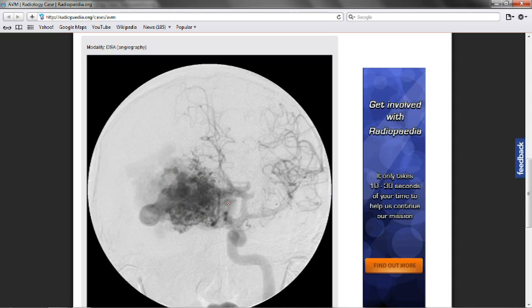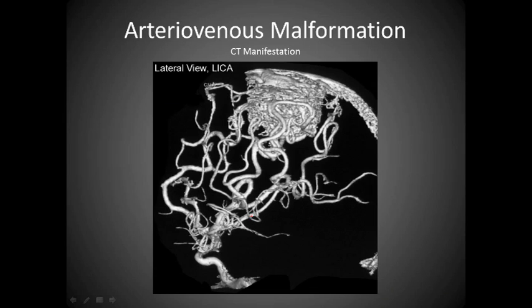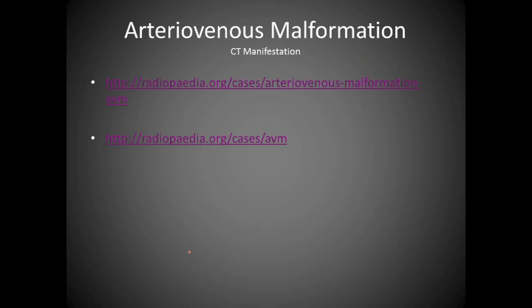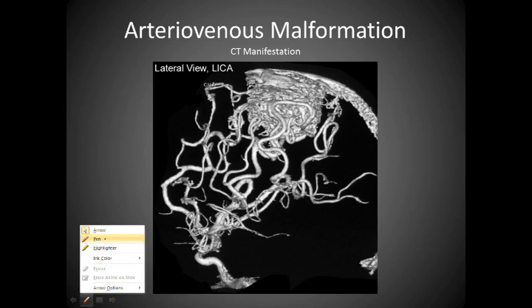Here is angiography. As you can see, this is a tangle. It should look like this. We have this huge mess. Notice we have dilation of the vessels as well. Here is CT angiography with volume rendering, and we see that we have this tangle of vessels here.